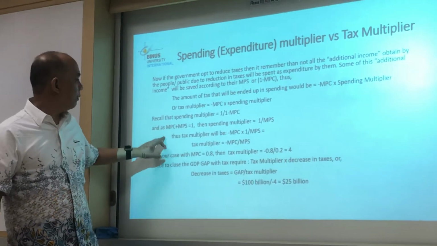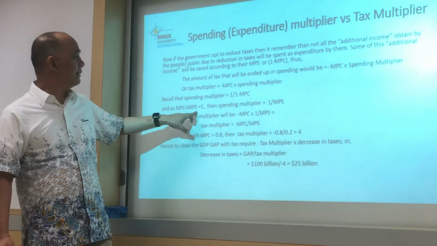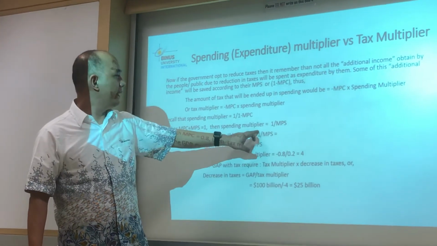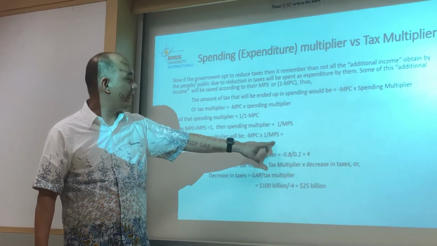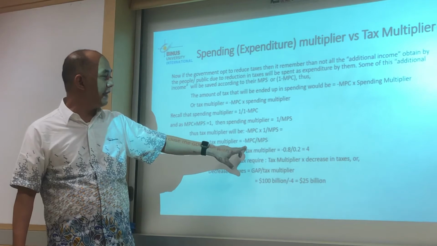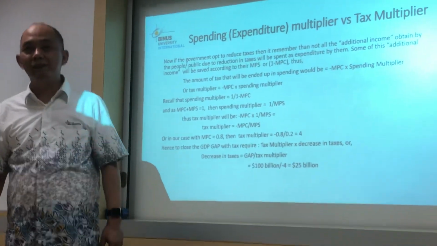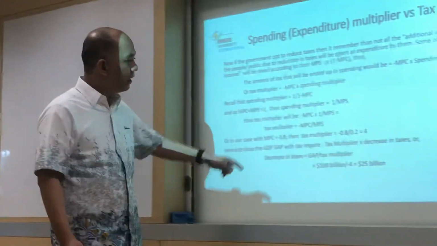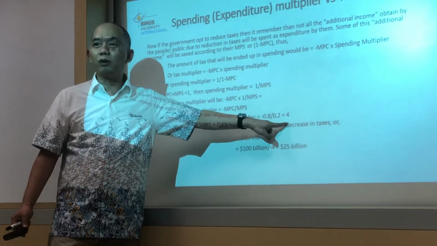Continuing our example, because MPC plus MPS is equal to 1, the tax multiplier will be minus MPC times 1 over MPS, or minus MPC divided by MPS. So we have an MPC of 0.8, so minus 0.8 divided by 0.2 is minus 4.